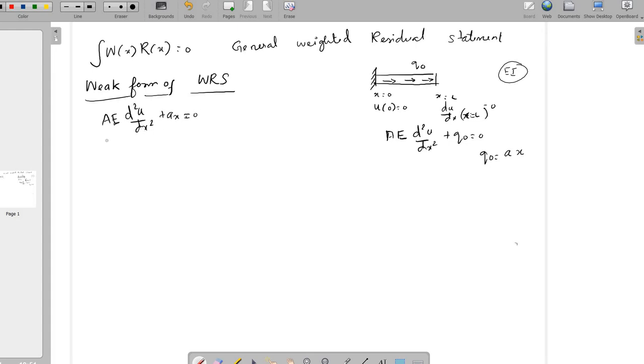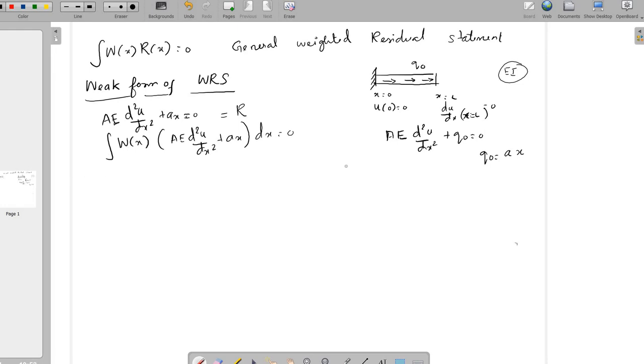So the general weighted statement we know is W(x) into R(x). What is the residual function in this problem? This governing equation is the residual function. So integral of W(x) times AE d square u by dx square plus Ax dx, which is equal to 0.